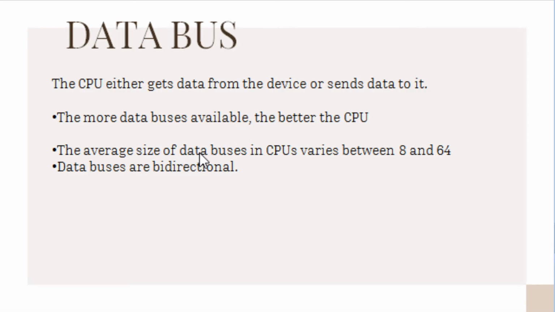The average size of the data bus in CPUs varies between 8 and 64 bits. Inside an 8051 microcontroller, the size of the data bus is 8. And in an Intel i5 microprocessor, the size of the data bus is 64 bits.